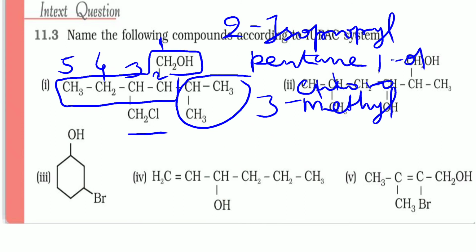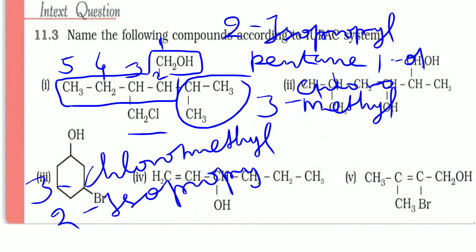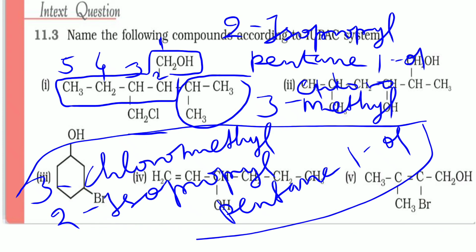The name of this compound is 3-chloromethyl-2-isopropylpentane-1-ol. So this will be its IUPAC name.